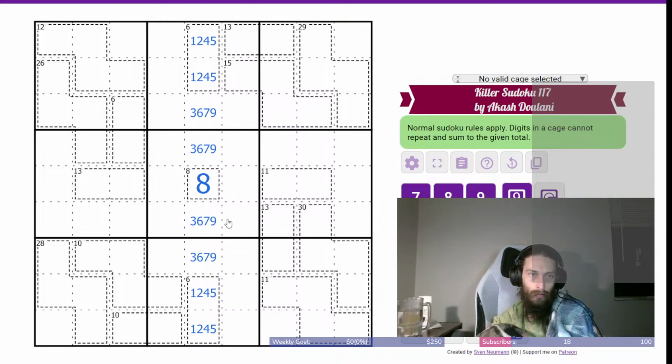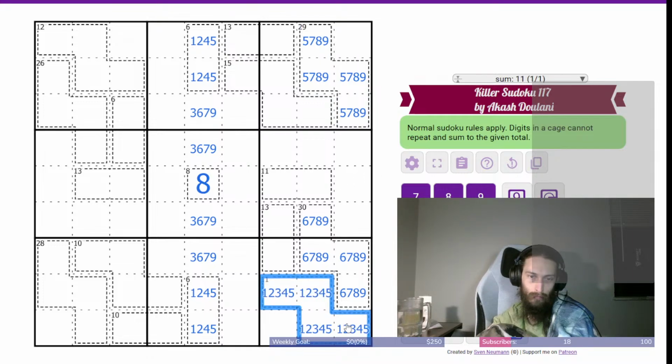There's a 30 cage going from box 6 to an 11 in box 9 there is 1, 2, 3, 5.